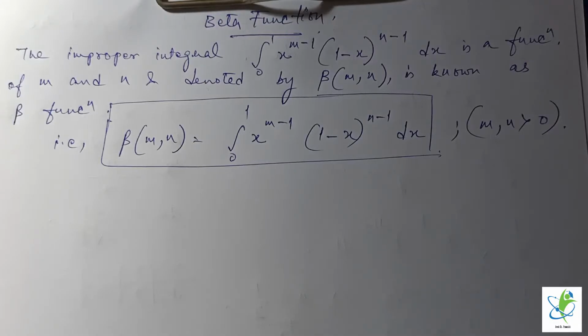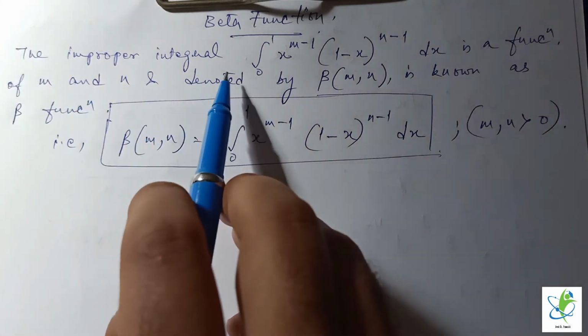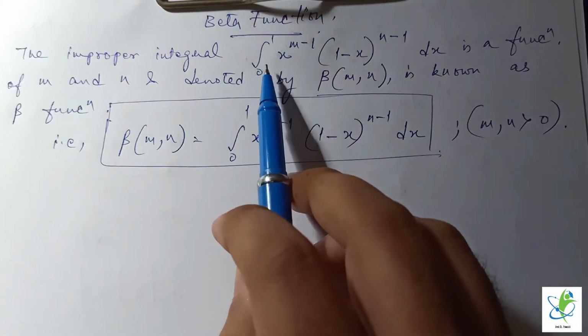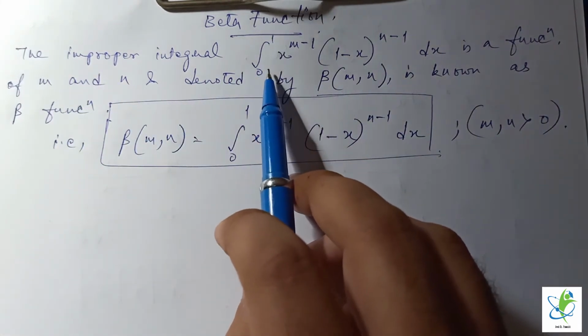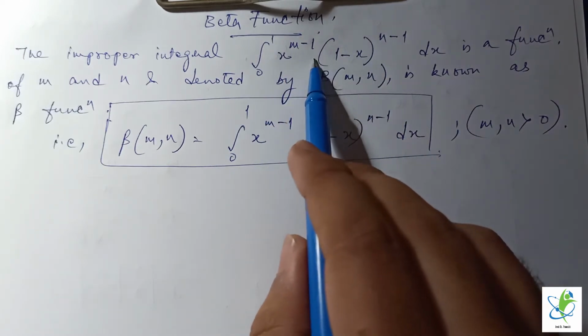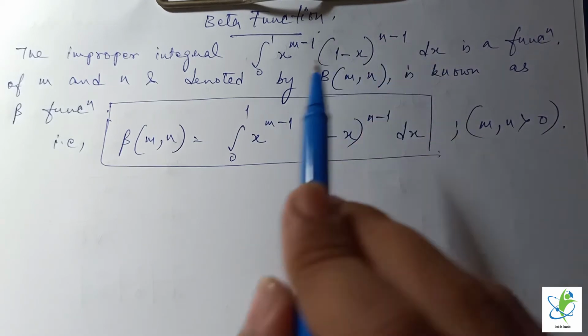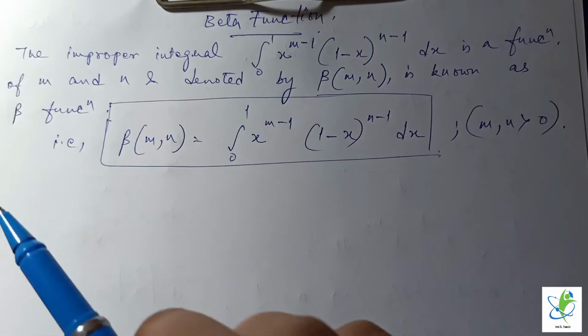So students, let's now understand what is beta function. The improper integral, that is integration 0 to 1 of x to the power m minus 1 multiplied with 1 minus x whole to the power n minus 1 dx, is a function of m and n.